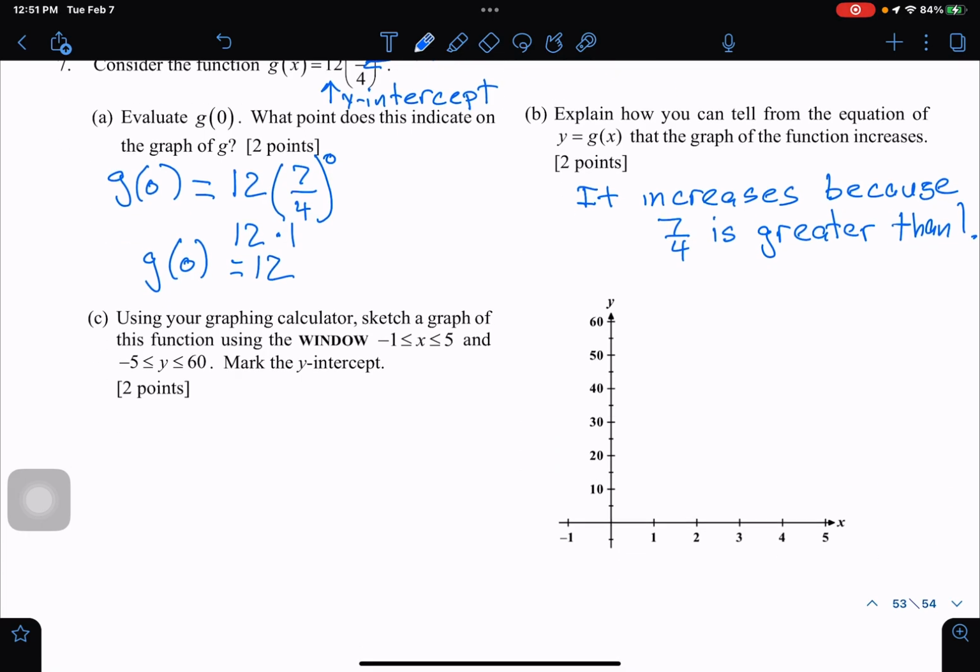All right. Now, if you have your graphing calculator, you can graph it and make it beautiful, get more points. But I'm going to use the 12 that goes through the y-axis. That's that point. The fact that it's increasing means that it's going to come along here and curve up like that.